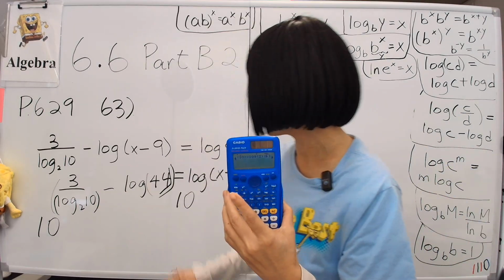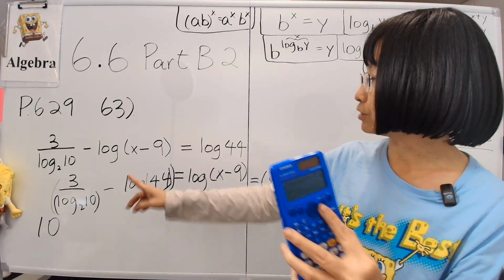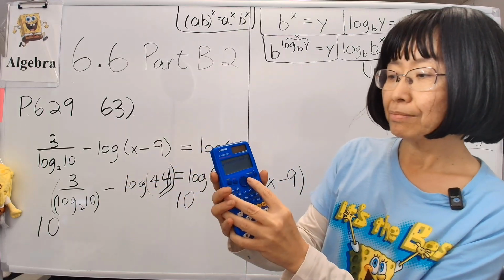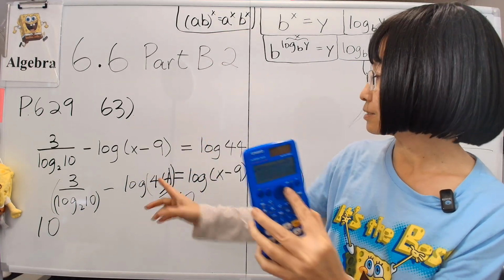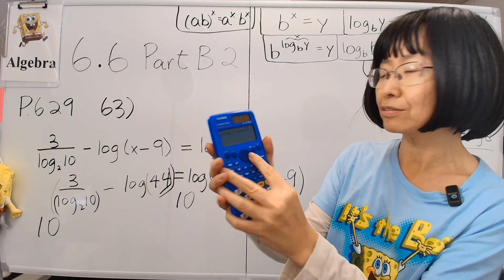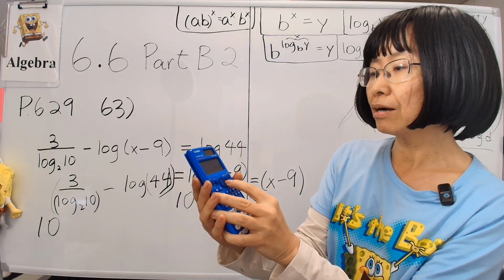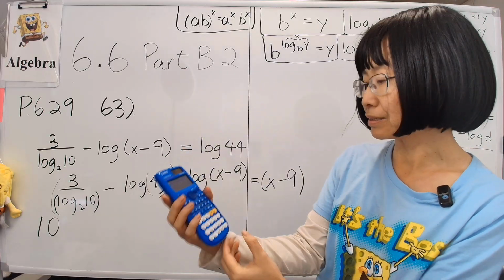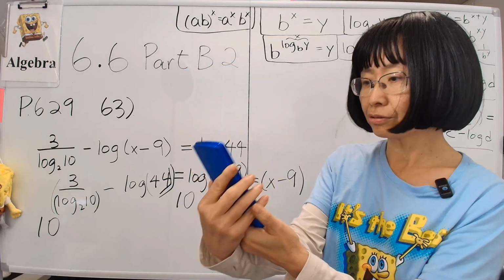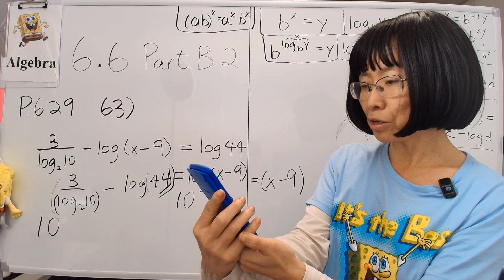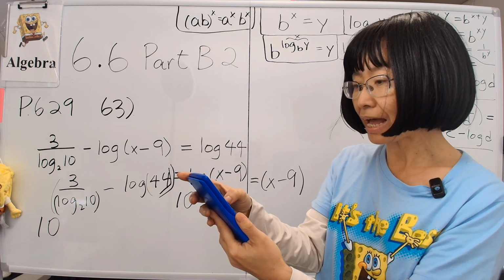Then we do minus log of 44, close parentheses for 44, and then the final close parentheses for the whole deal. So I have 2 close parentheses. Let's see if this works. Equal to... nope, my calculator is not happy.